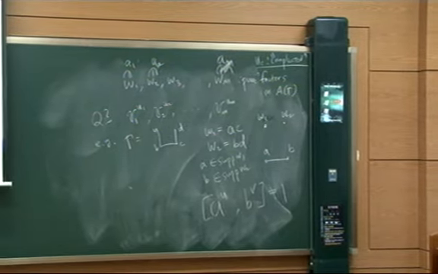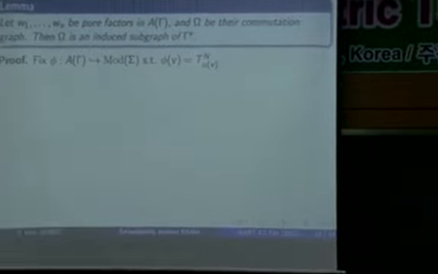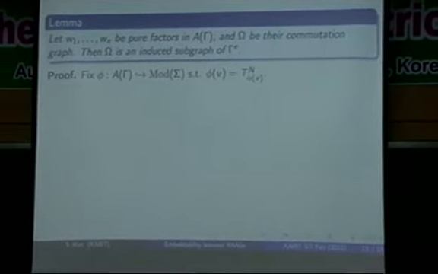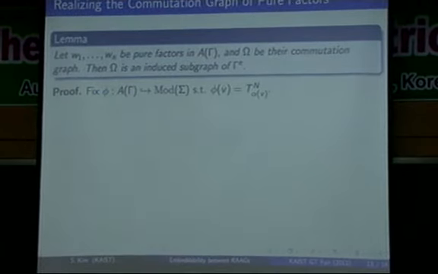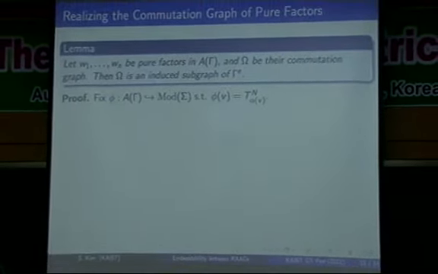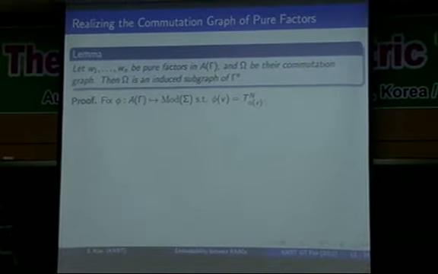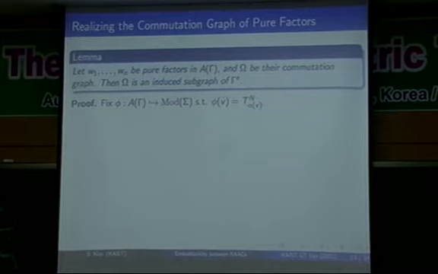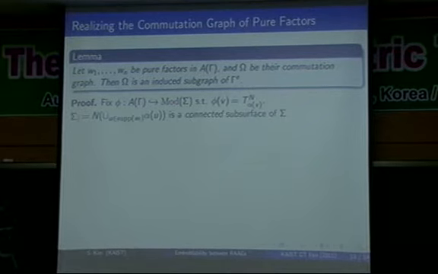So I described this so far. If we are given pure factors in the right-angled Artin group gamma, we first embed the right-angled Artin group into the mapping class group by considering some powers of the Dehn twist with respect to some closed curve, alpha v. And we know that there is an embedding for large n.